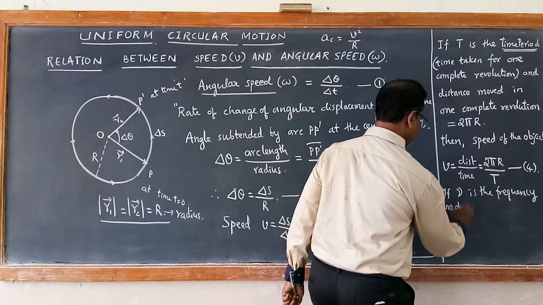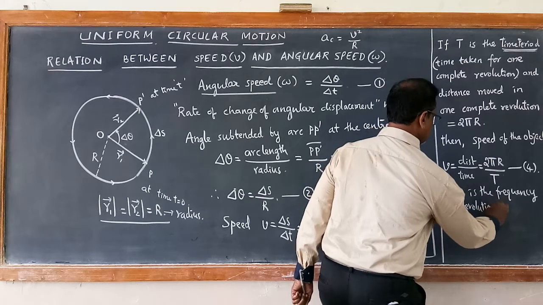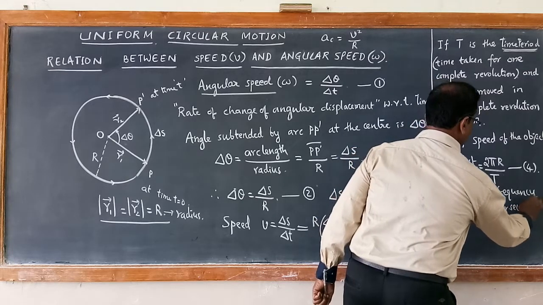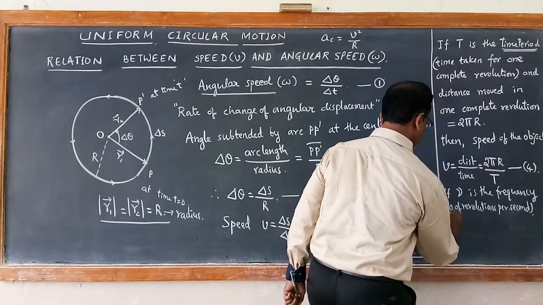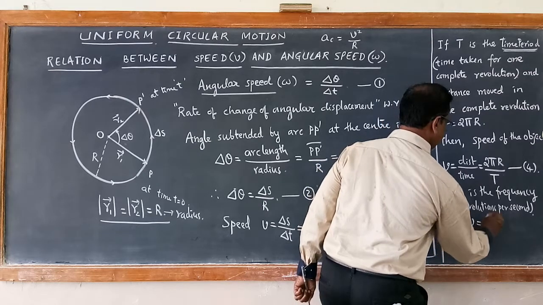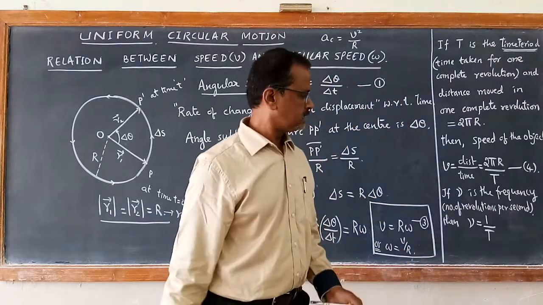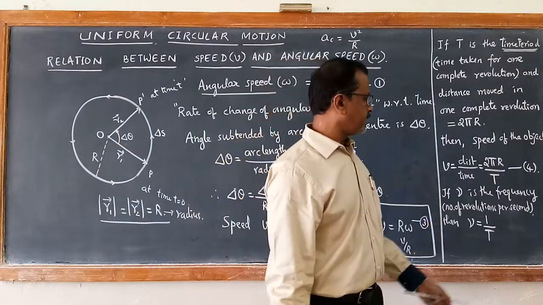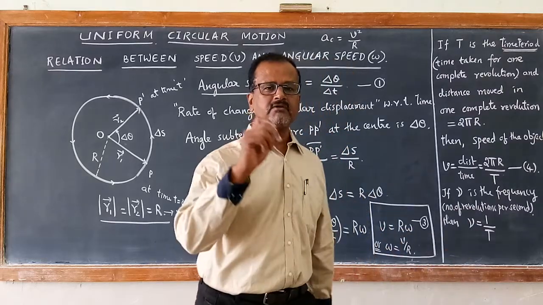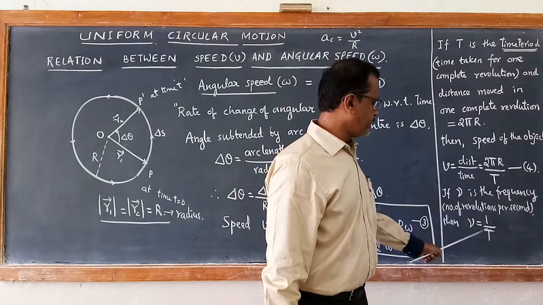Number of revolutions per second. Then we also know that nu is equal to 1 by T. From your previous knowledge, if you recall from 9th standard, nu is equal to 1 by T or T is equal to 1 by nu. Frequency is inverse of time period. Thus we get 1 by T equal to nu.